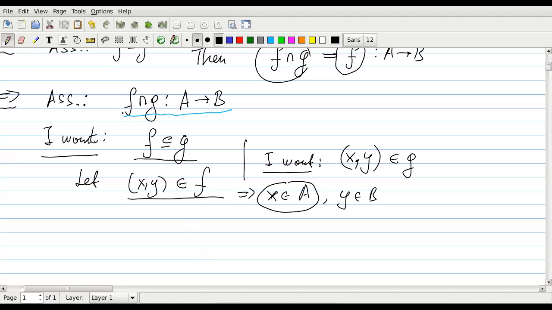Taking into account that f intersection g is indeed a function from A to B. As it is a function, it is functional and total. So what can one obtain from this fact?